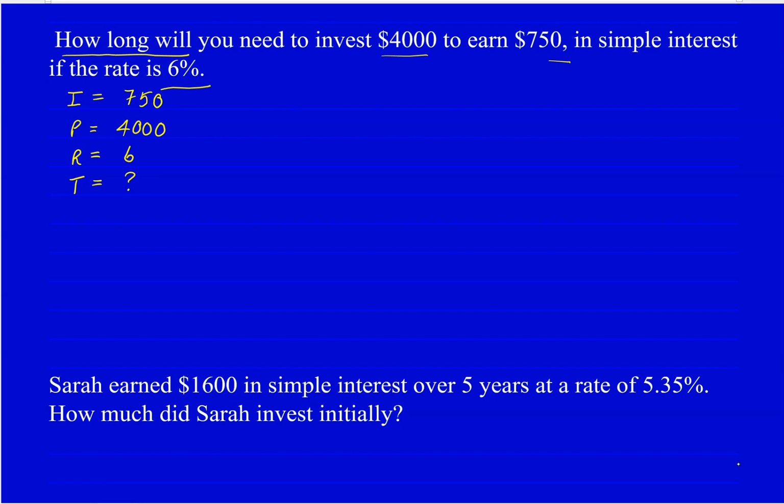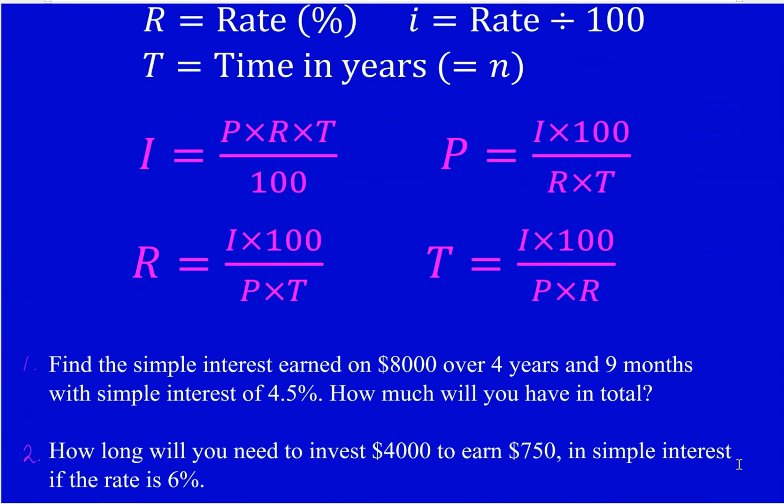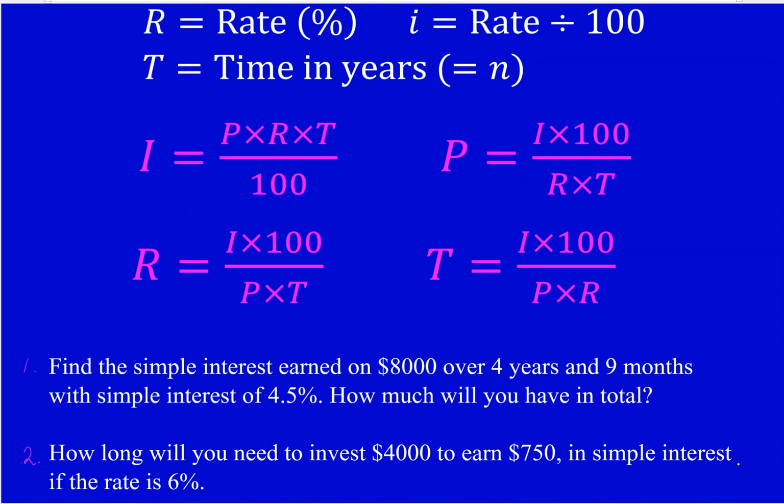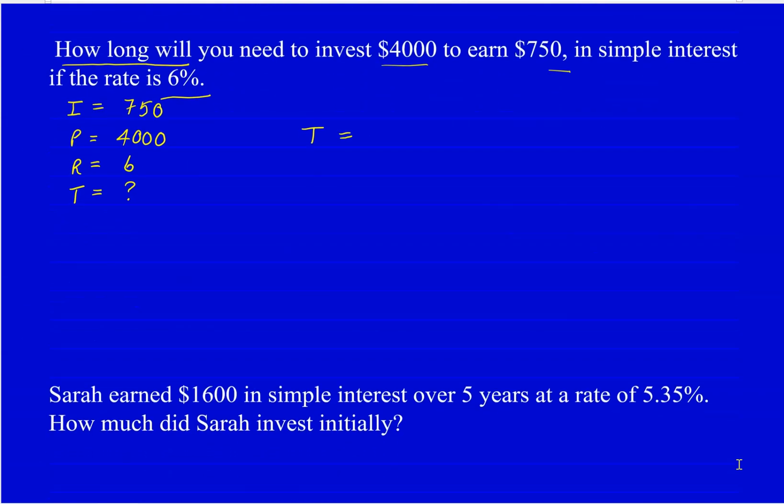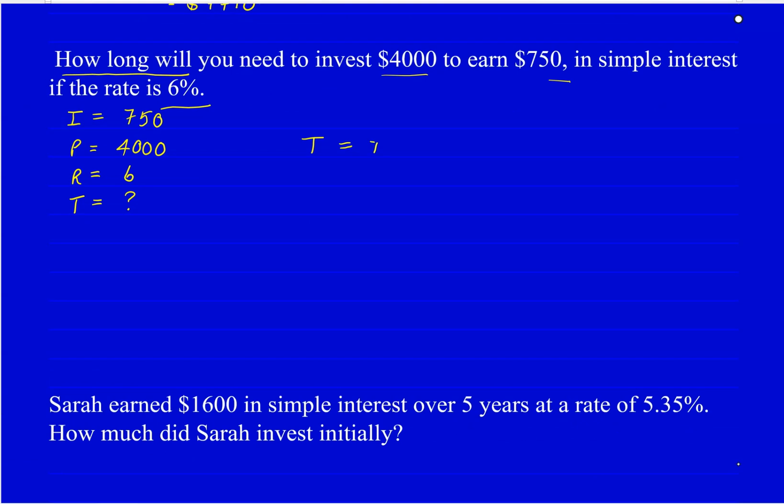We then go back up, scroll up and look at your formulas. What's the formula that gets T by itself? You can see that on the right. That's going to be I times 100 over P times R. We just again sub everything in. But please note the setting out. You're not keeping it all in your head. You're not just putting random numbers down.